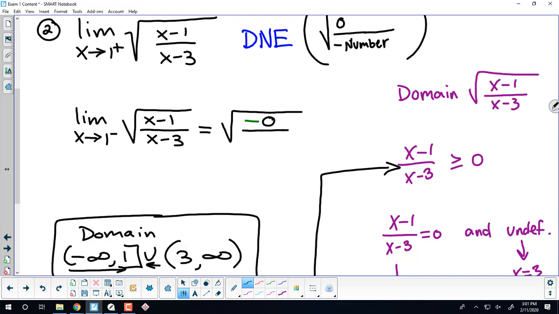I mean, maybe not, I don't know, but we're going to think of it that way. And then as I approach 1 from the left, what does my denominator approach? Negative 2. So I have a negative 0 over a 2, right? It's still 0. So I can do that. That limit is 0. This limit doesn't exist.